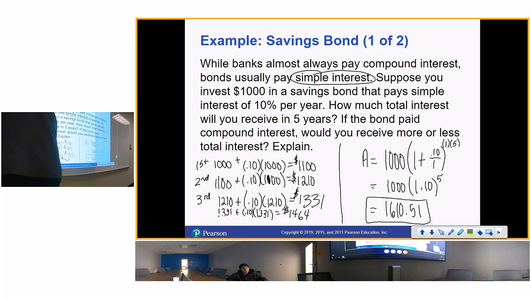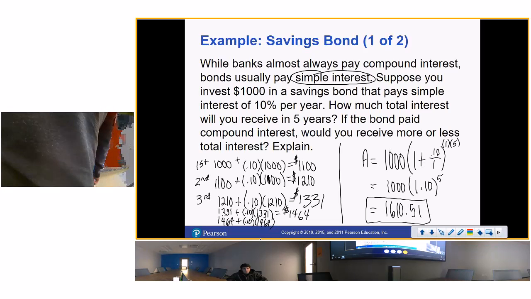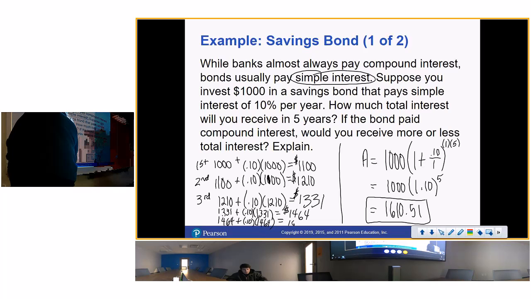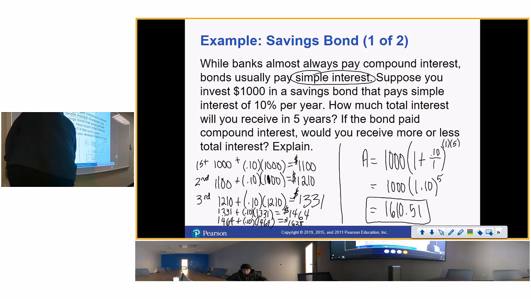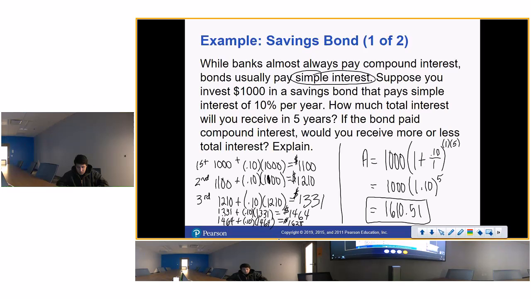That's good enough for government work. 1464 plus 0.10 of 1464. Oh, I know why, because of the 0.1. I see, so that's going to be 146.4, 1628. Somebody check me. There may be some change. I'm not worried about the change.